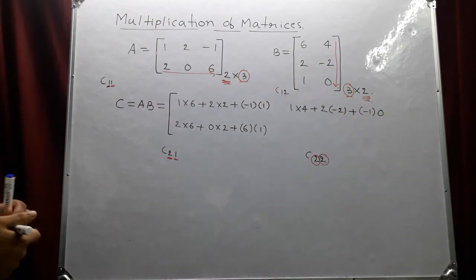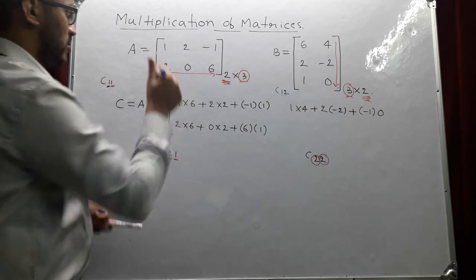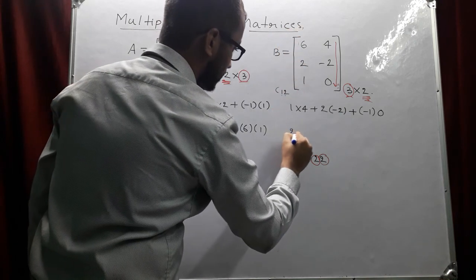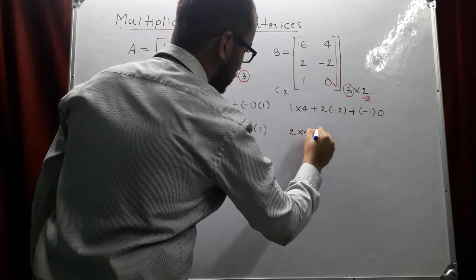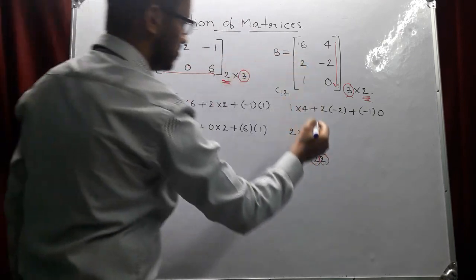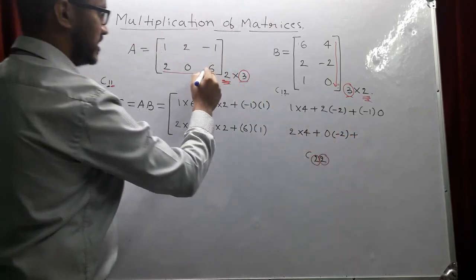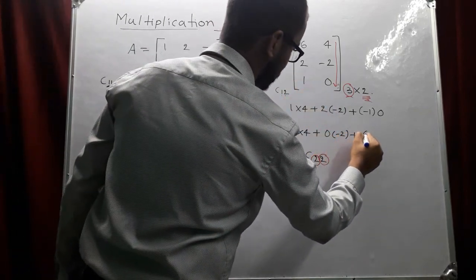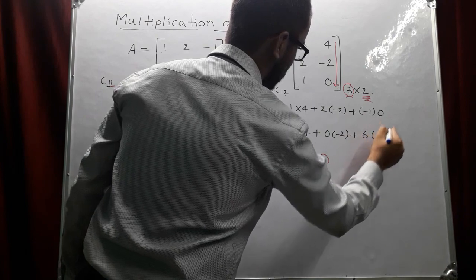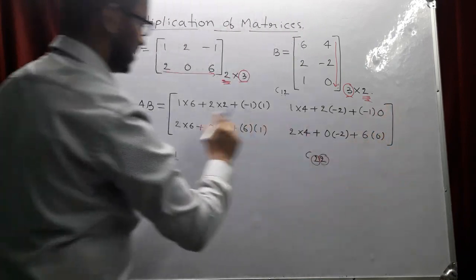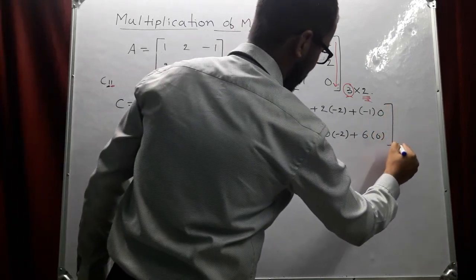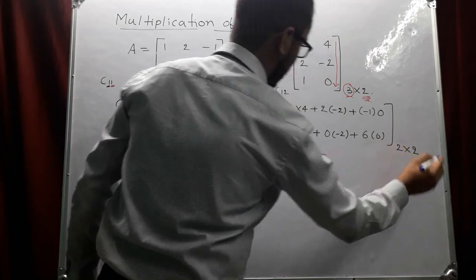So what will we get? Again multiply 2 into 4 plus 0 into minus 2 plus 6 into 0. Again we can see that the order is a 2 by 2 matrix.